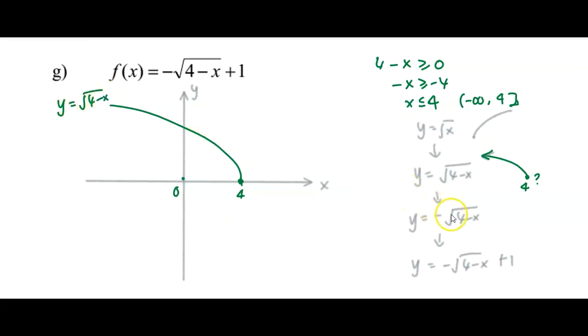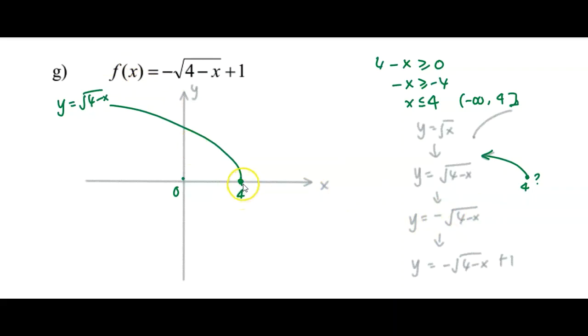After that, you're going to multiply the whole function by negative, so it becomes the negative of the square root of 4 minus x, which happens when you do the reflection. When this graph is reflected over the x-axis, you will have a negative square root of 4 minus x.